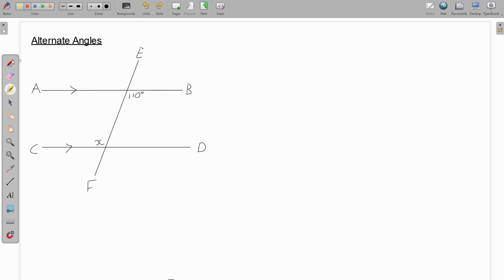If I'm talking about EF, I'm talking about the line that connects E and F. We need to know how to name lines because it's part of our proof of things being correct. So when we're doing straight line geometry, we always need statement and reason.